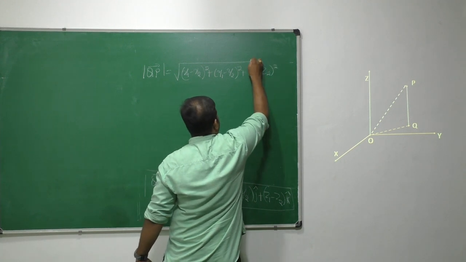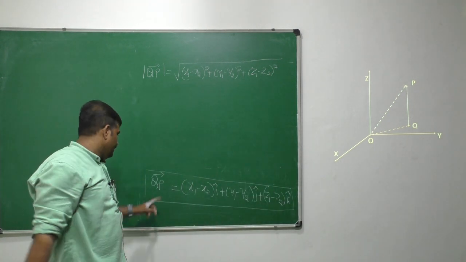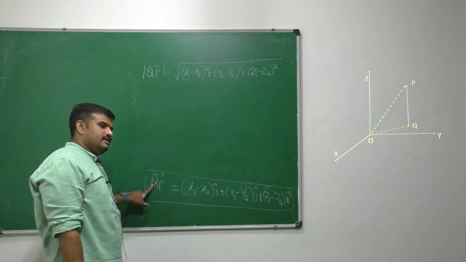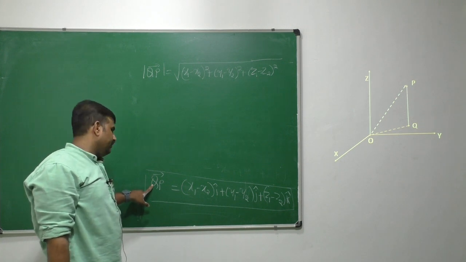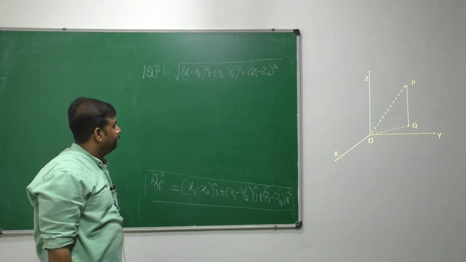This is the magnitude of the vector joining 2 points. Note this is the terminal point and this is the initial point, so the vector joining is terminal minus initial. So, clear?